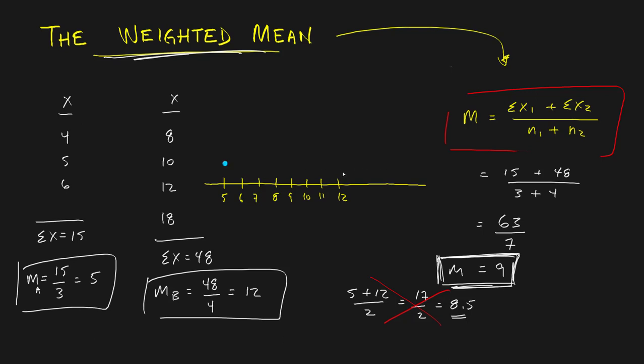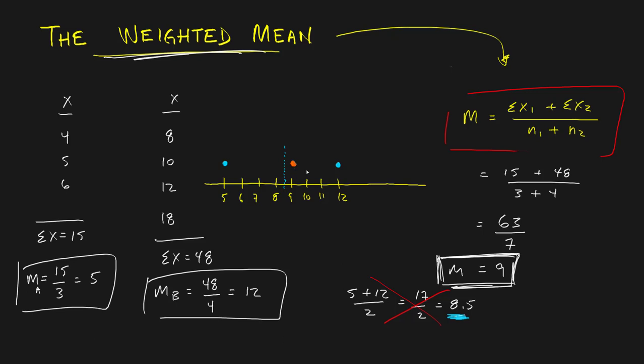And I have a mean for the other group, my second group, that was at 12. Now, right in the center of the two of these, that's what the 8.5 is. It's exactly in the center. But when I combine my two groups, the new mean ends up being 9. So the new mean ends up being right here.